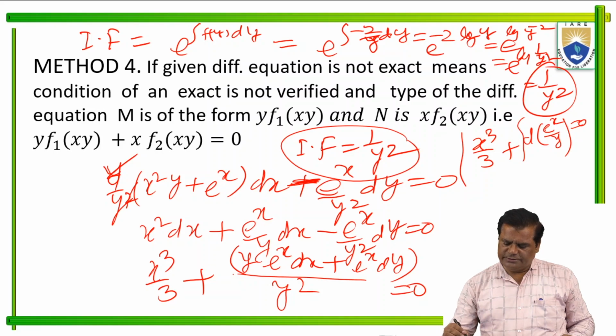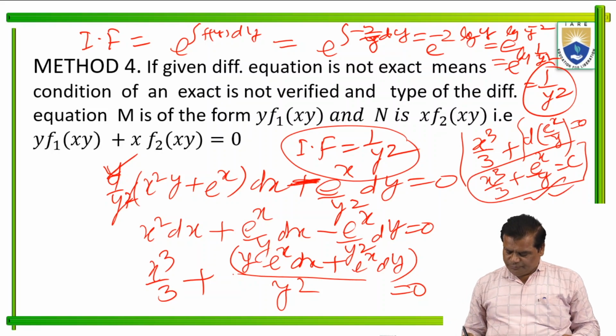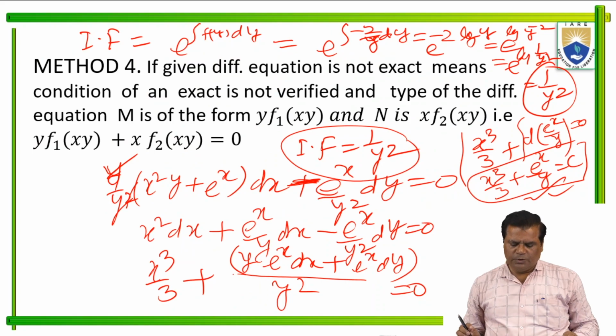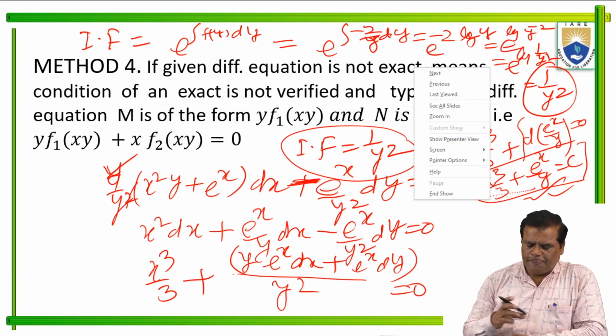So integrating this, x cube by 3 plus e to the power x upon y equal to c. This is the answer. Denominator times differential of numerator, e to the power x dx, minus numerator times differential of denominator, upon denominator whole square. Okay, so this is the answer. Now this is the complete solution of the question.